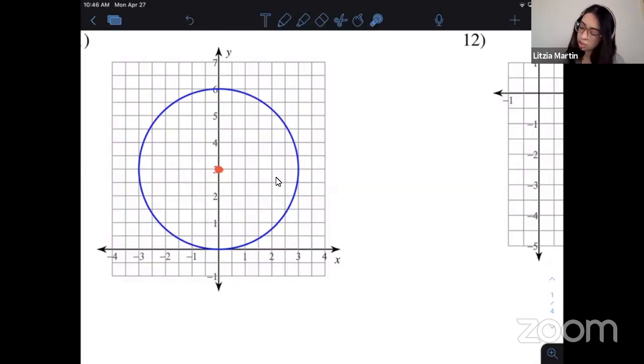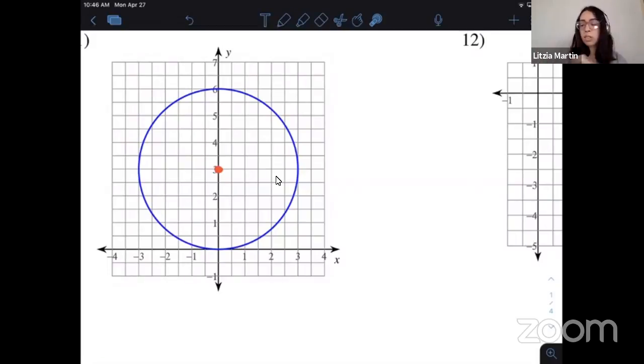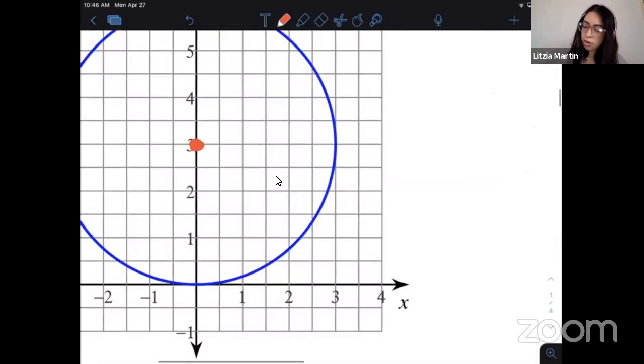This is going as far as +3 and -3. So it means it's a total distance of 6, which would mean that this has to be your center, right? So you have a distance of 3 in both directions. So there's the center, which is the point 0, 3.